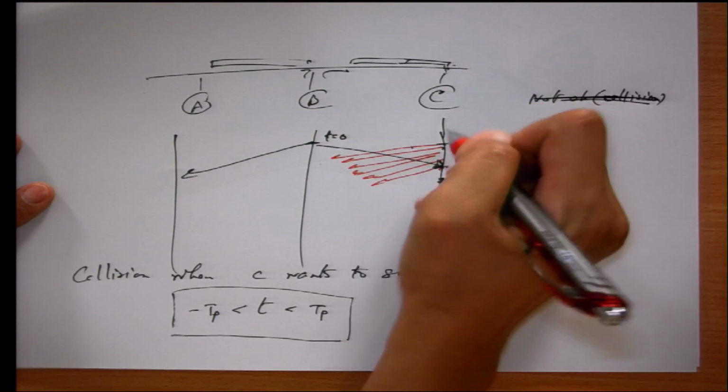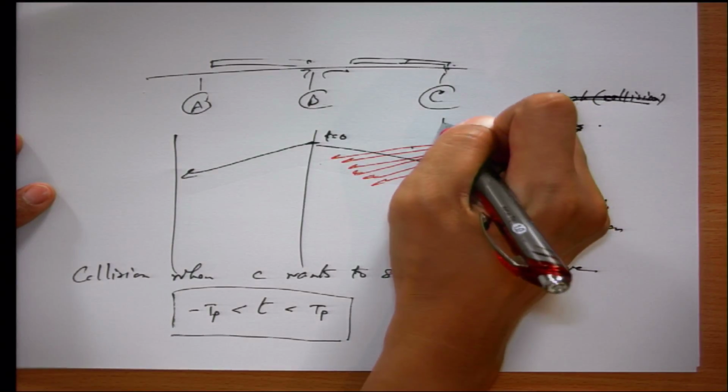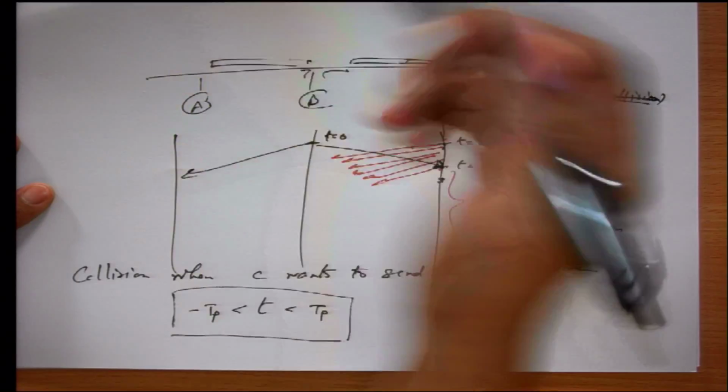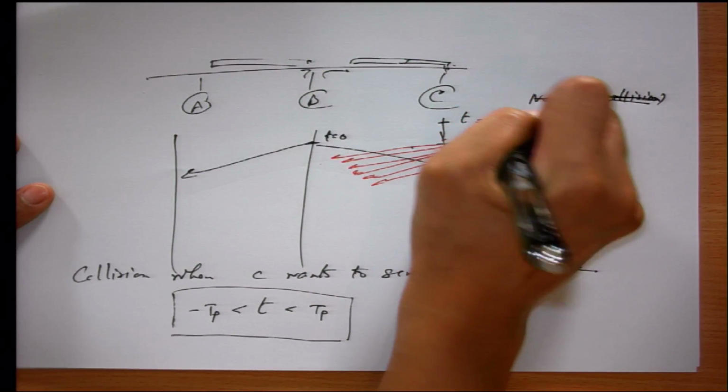Then what happens with minus t sub p? Let's say t equal to minus t sub p.